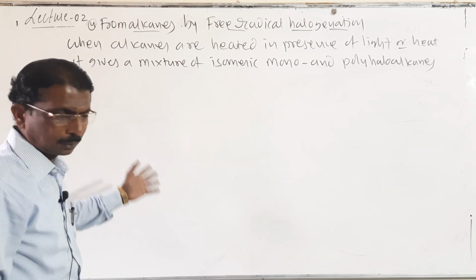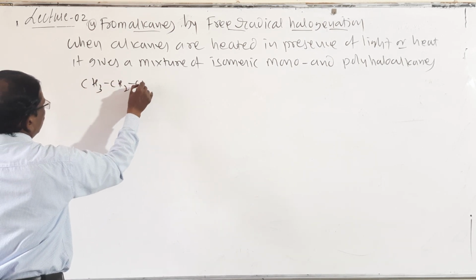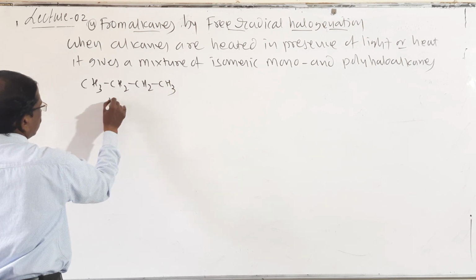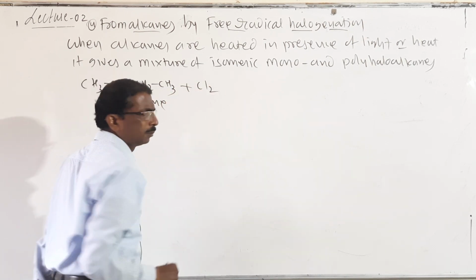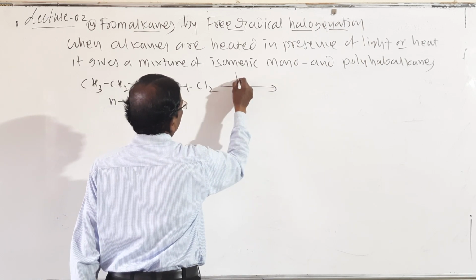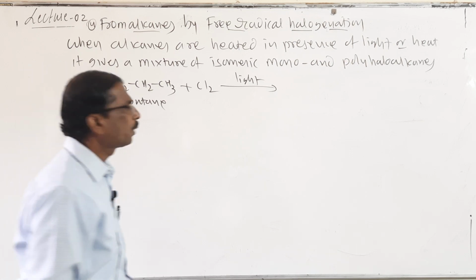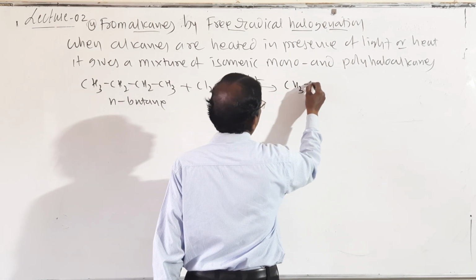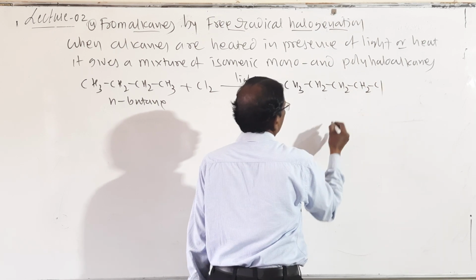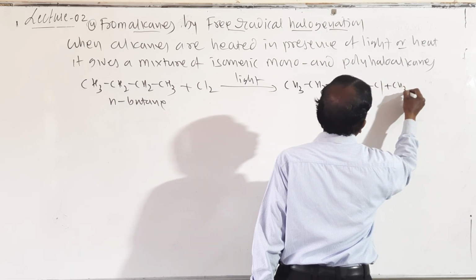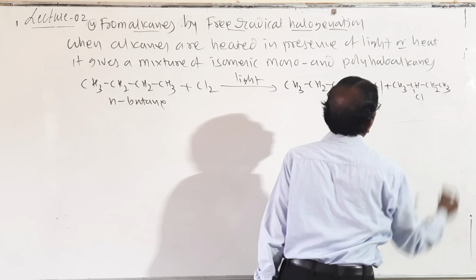So students, for example this CH3, CH2, CH2, CH3, it is called N-butane. So when this N-butane is heated with chlorine in presence of light, here it forms CH3, CH2, CH2, CH2Cl plus CH3, CHCl, CH2, CH3.